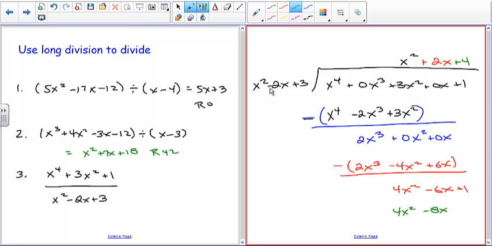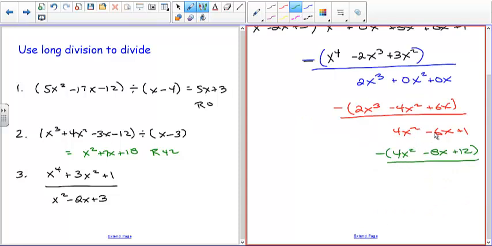And 4 times 3 is 12. So we subtract that from each term. This goes to 0. Negative 6 plus 8. So that's going to be 2x. And 1 minus 12 will be negative 11.